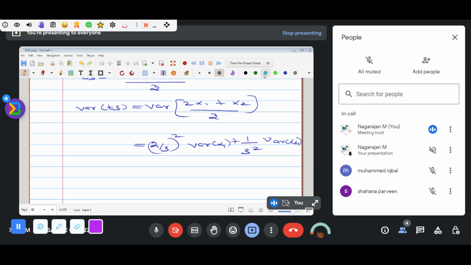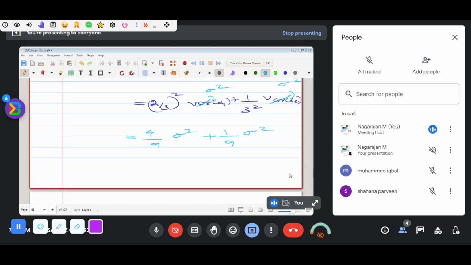Now we know that this is sigma squared and this is also sigma squared. So what is the end result? 2 squared is 4, therefore 4 by 9 sigma squared, plus 1 by 3 squared is 1 by 9 sigma squared.